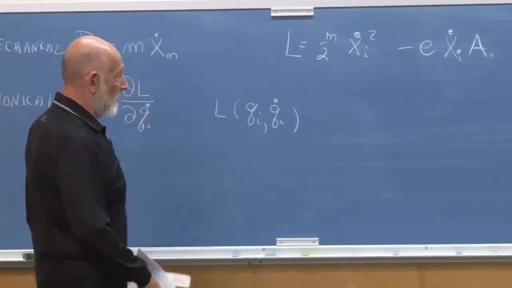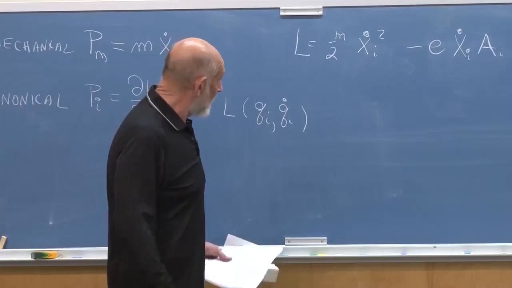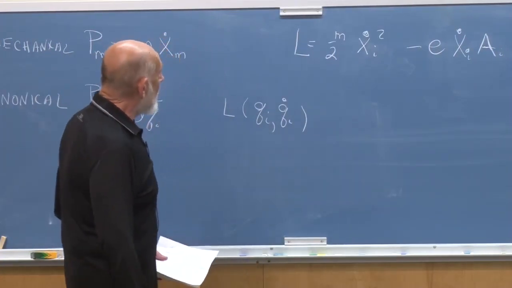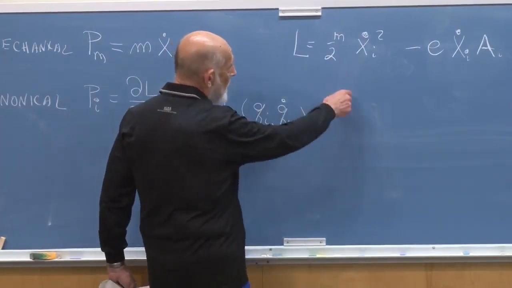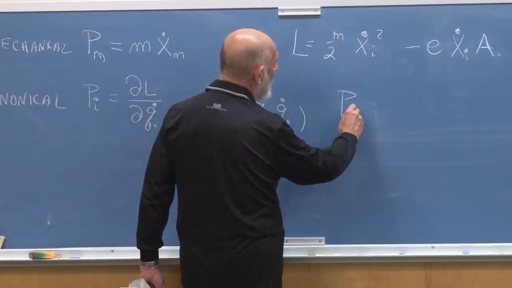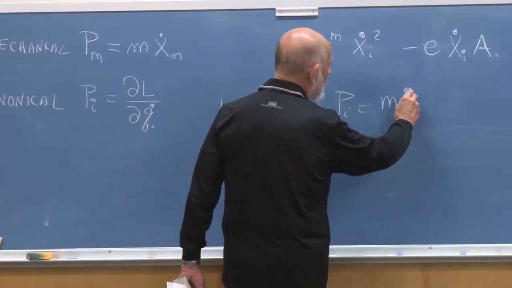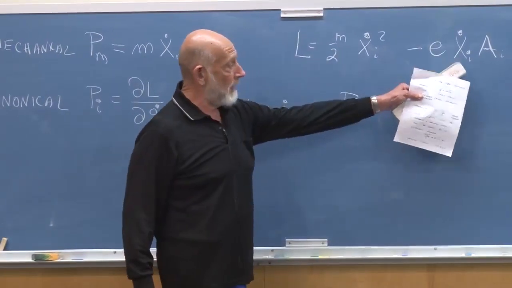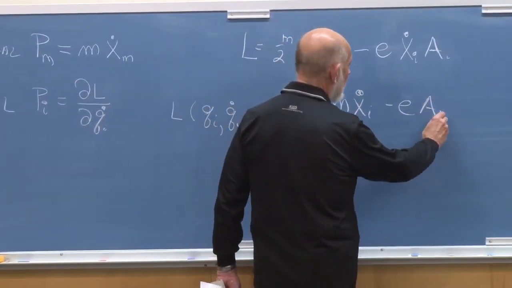From this we can derive the Lorentz force law by working out the Lagrangian equations of motion, but the only thing I'm emphasizing now is that the canonical momentum conjugate to x_i, p_i, is not just m x_i dot, but it also has a term from here, minus e a_i.